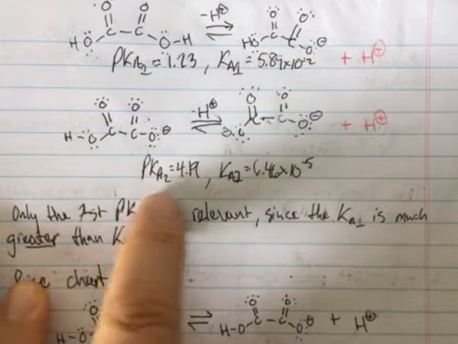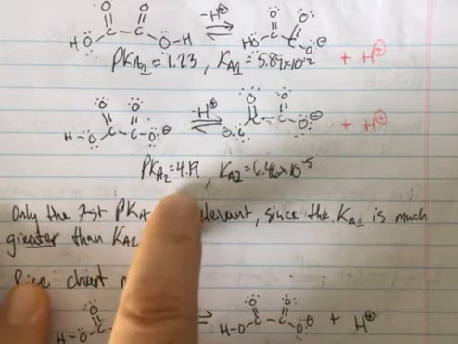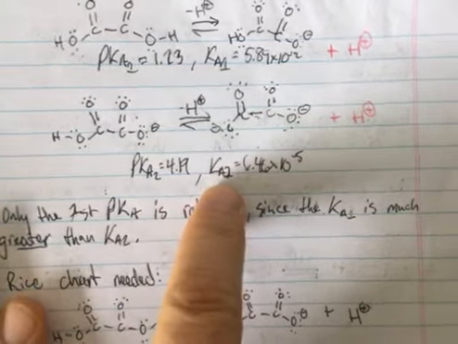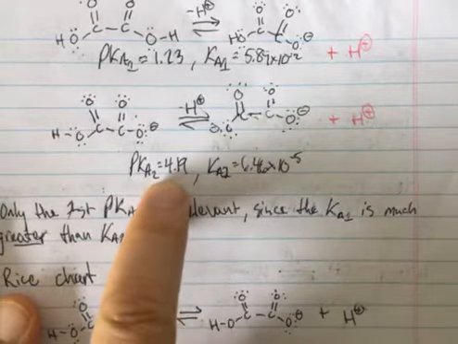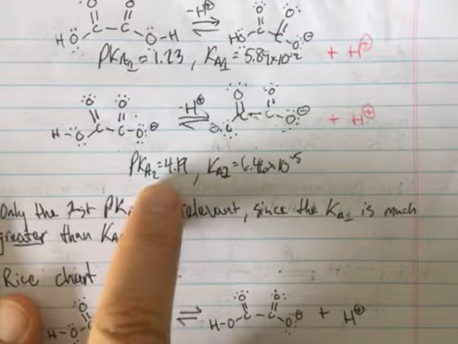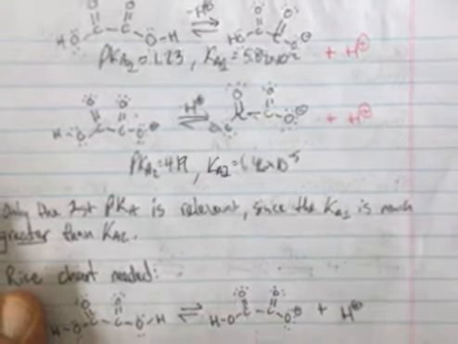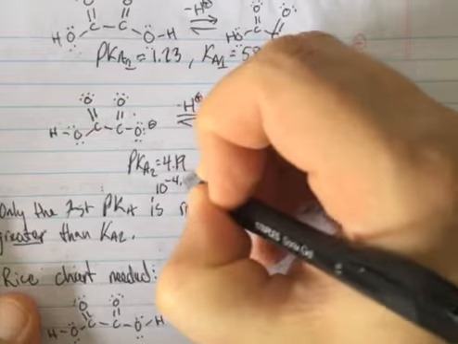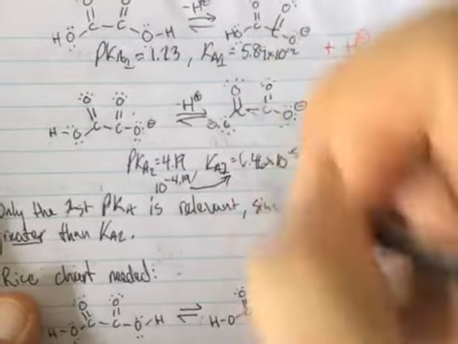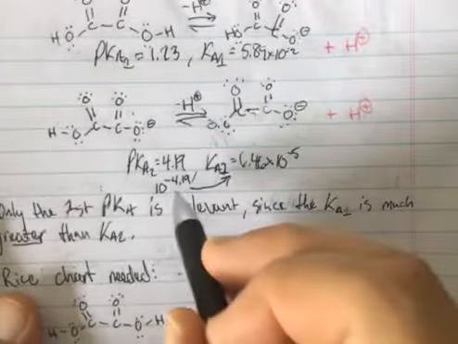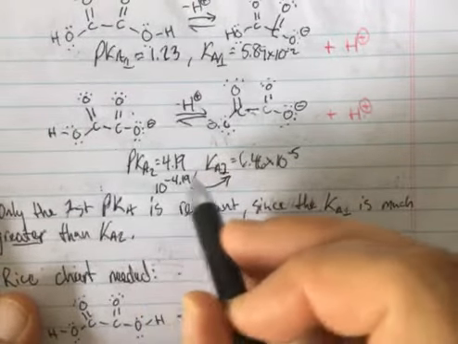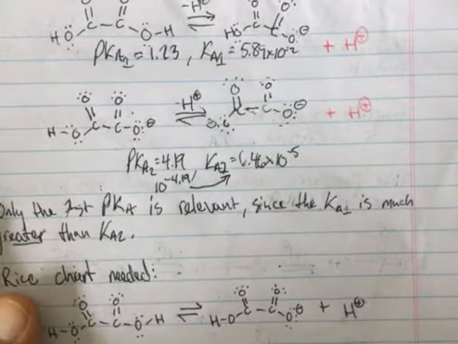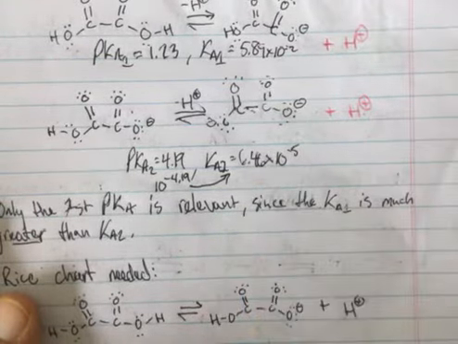Now for the second, it's a little bit higher in magnitude, pKa of 4.19, and if you were to take 10 to the negative 4.19, you're going to get this value. So 10 to the minus pKa is going to give you Ka. So 6.46 times 10 to the minus 5, so it's much lower in magnitude than you see for Ka1.